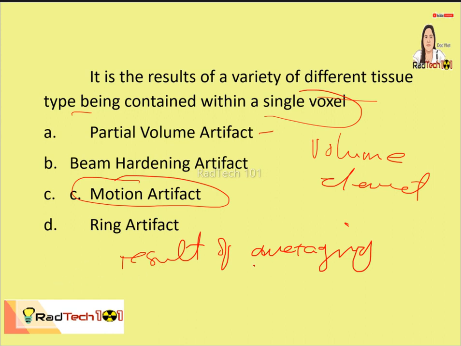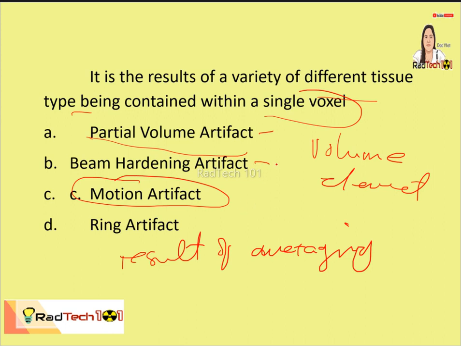So, kumbaga, iba-iba yung attenuation coefficient or iba-iba yung Hounsfield unit ng structures. Tapos, kinuha lang natin yung average and sometimes it can result to partial volume artifact. Kasi hindi na siya yung true image kasi kinuha lang natin yung average. Okay? So, partial volume artifact.